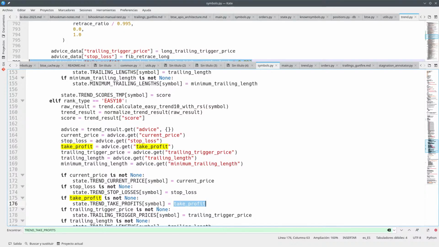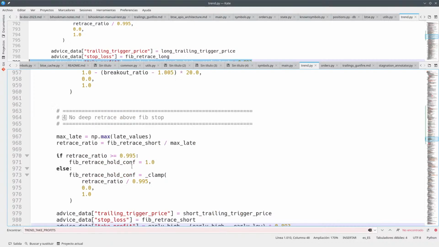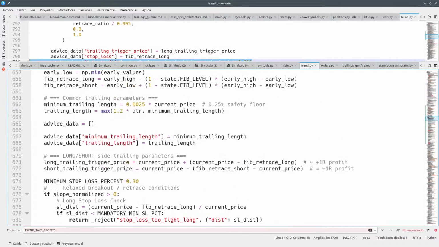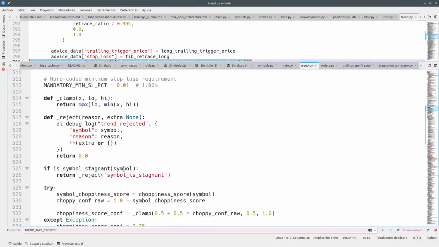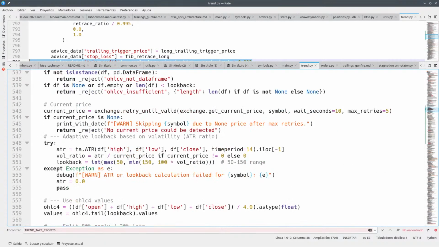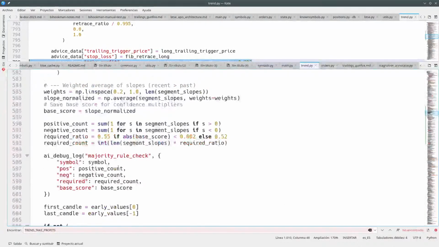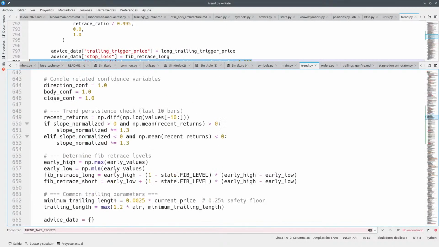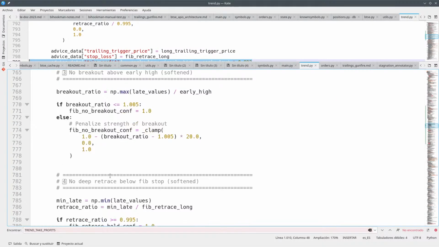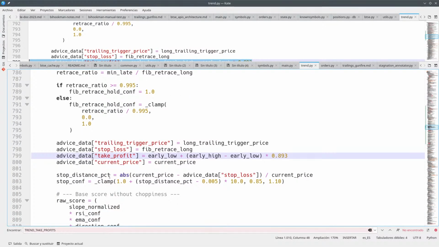And this is supposed to be coming from the EC10. So we have here the EC10 whatever. Calculate EC trend with RSI real, which we are no longer using RSI, but I mean we are using it, but not too much. So somehow we are returning, so either we are returning some stuff that doesn't make any sense.